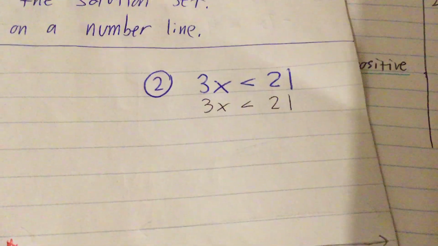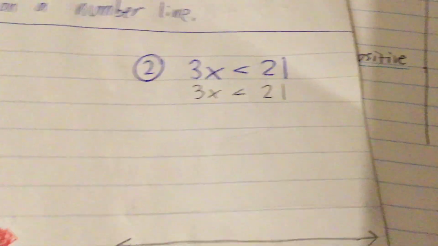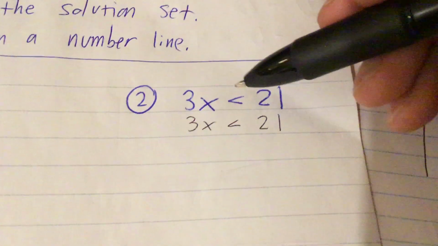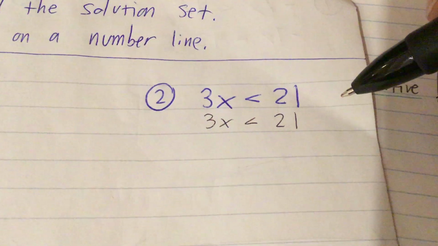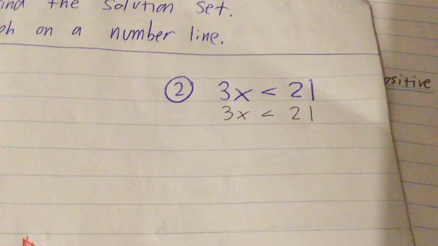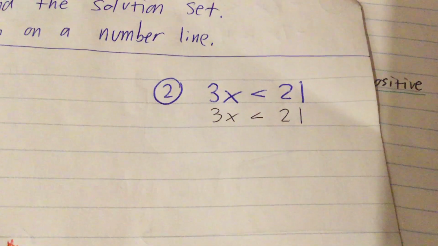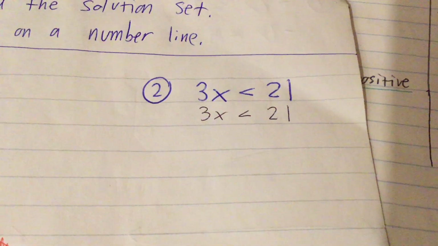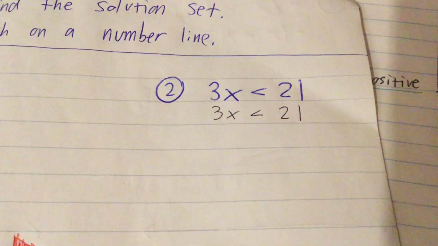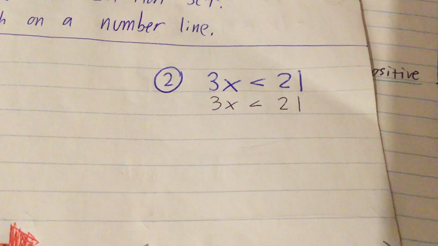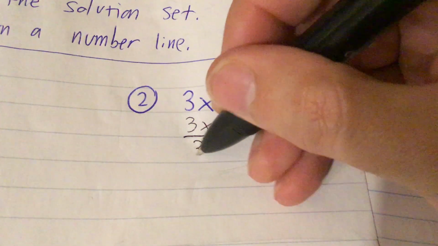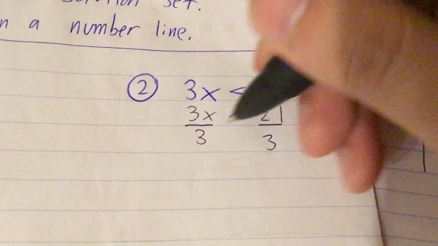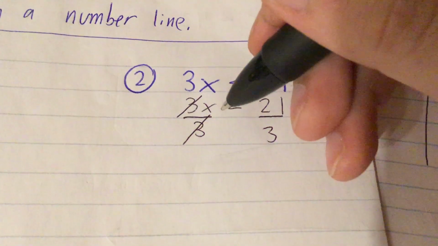All right, let's take a look at number 3. 3x is, remember, this symbol is less than 21. So 3x is less than 21. If this was an equation, how would I solve for x? 3x equals 21. Pretend. How would I solve for x? I would need to divide both sides of the problem by 3.